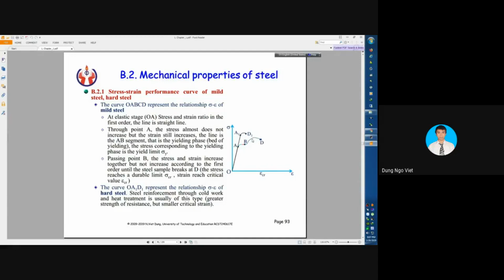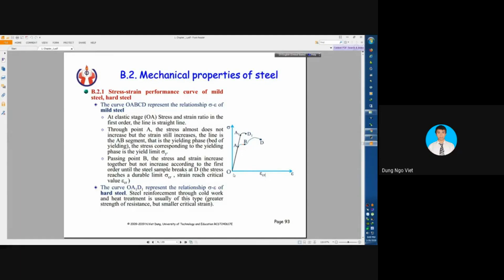Until the steel sample breaks at point D, the stress reaches a durable limit, sigma CR, where CR stands for critical, and the strain reaches the critical value epsilon CR. So this is the relationship for the mild steel.